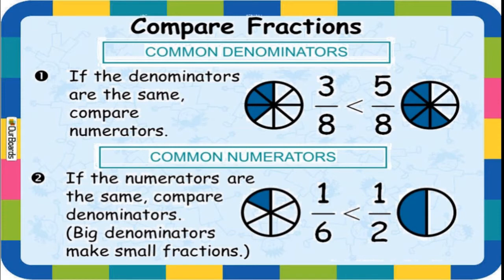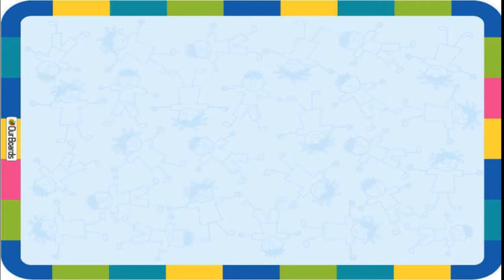So the second one is more compared to the first one, isn't it? So remember this, whenever the numerators are same, the smaller the denominator, the bigger the fraction. Okay, and vice versa.